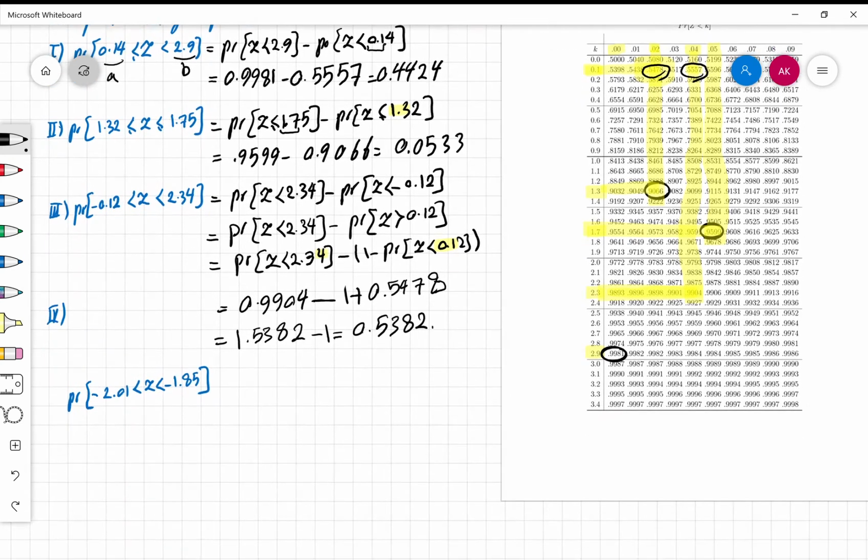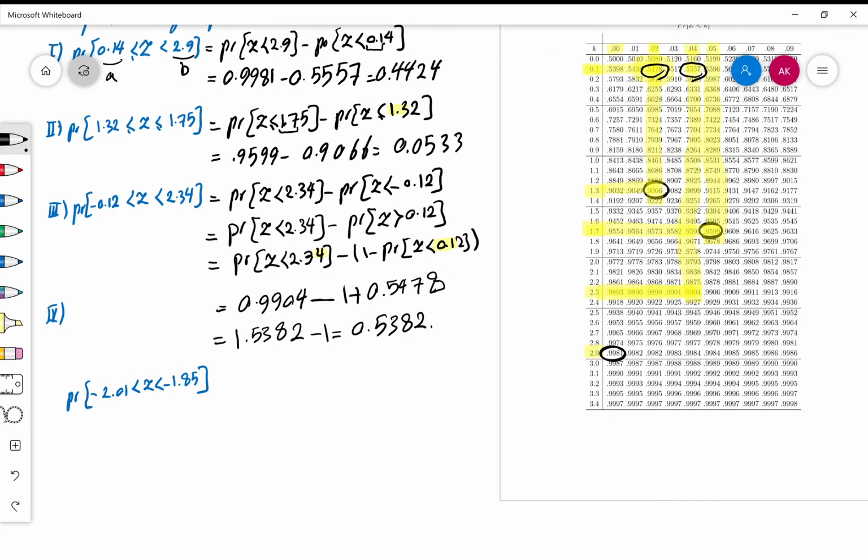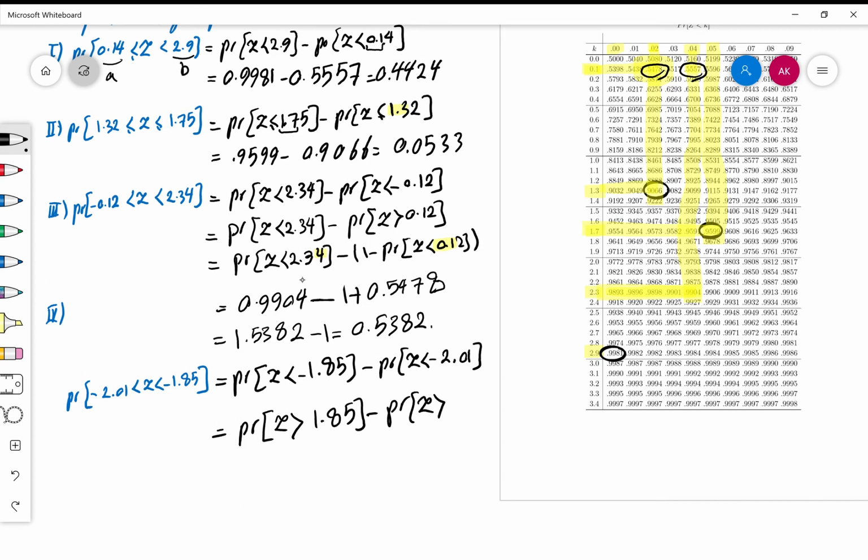And then let's do the last one, which is the probability of z less than the bigger one, doesn't matter if it is positive or negative, minus the probability of z less than the smaller one. And remember that if there's a negative number, you can flip and drop the negative sign. This is the symmetry we use, 2.1. But these are now z bigger than a positive number.